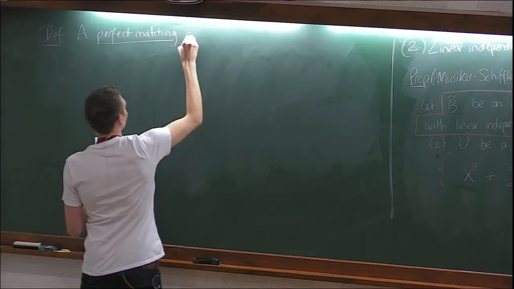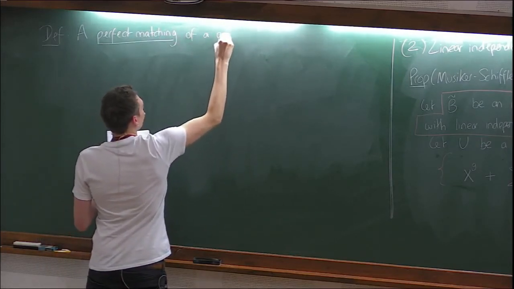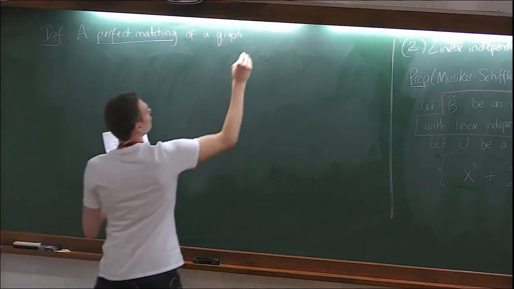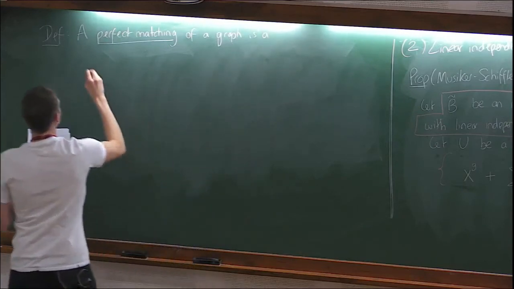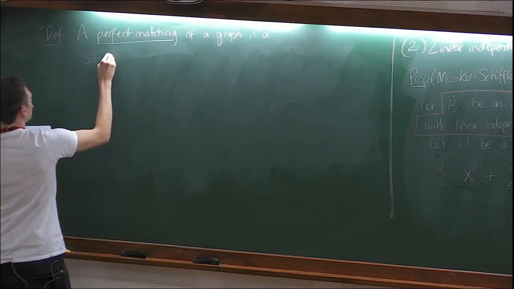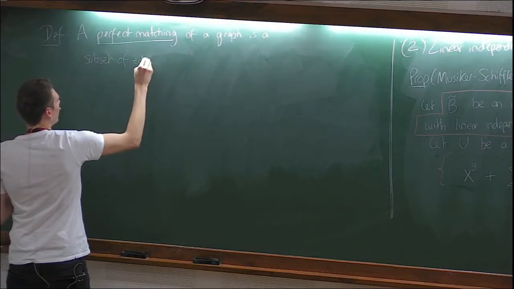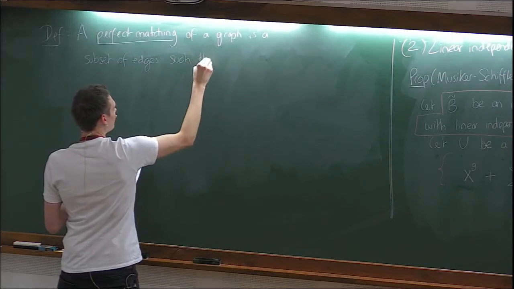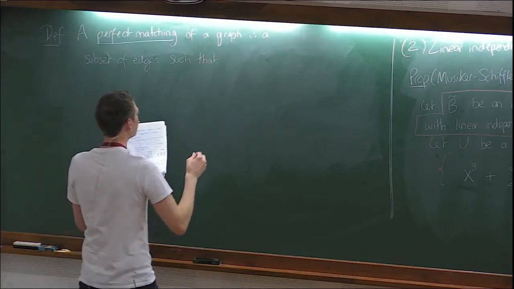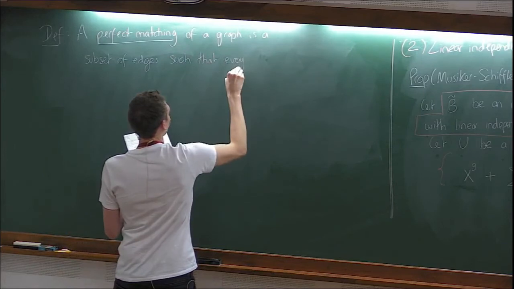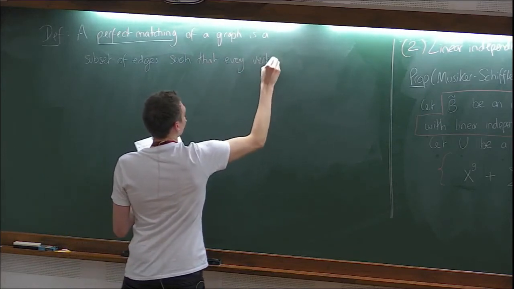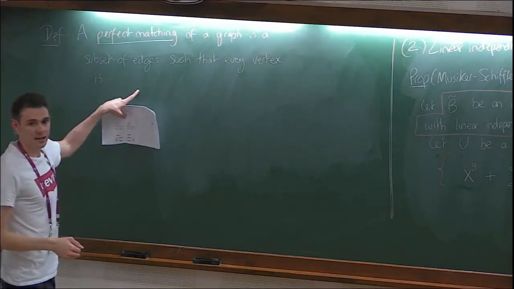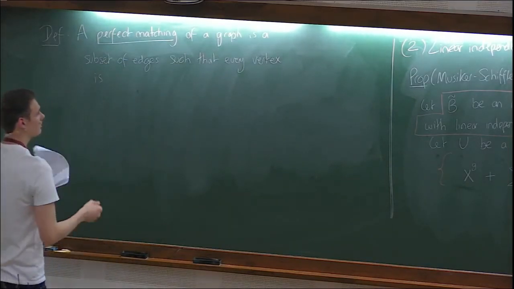A perfect matching of a graph is a subset of edges of that graph such that every vertex of the graph appears in this set of edges. And moreover, every vertex is contained in precisely one of these edges.